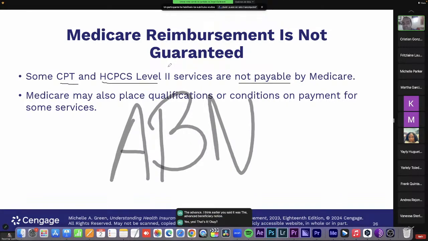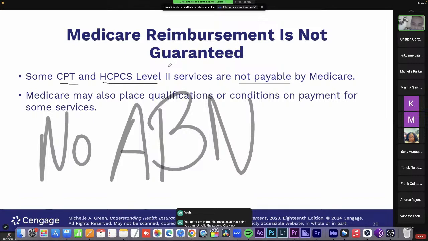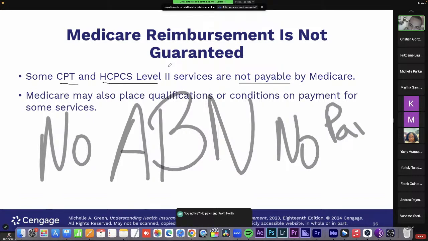If it's signed, congratulations, you can bill the patient and bring that money back. Not in the file, not signed, you're going to get in trouble because at that point you cannot bill the patient. No advance beneficiary notice, no payment from anyone.